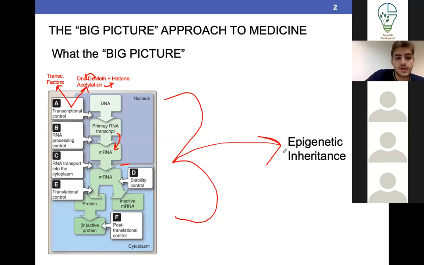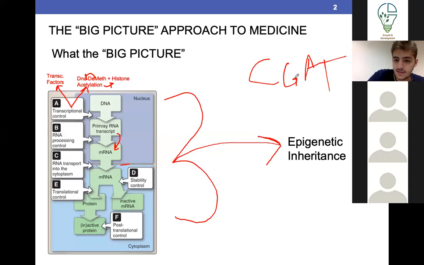Okay, so epigenetic inheritance. Now, usually when we talk about inheritance, we talk about how genes are inherited from parents to children. But when we say epigenetic inheritance, we're talking about the mechanism that alters the phenotype. For example, let's say you had a DNA that says CGAT.